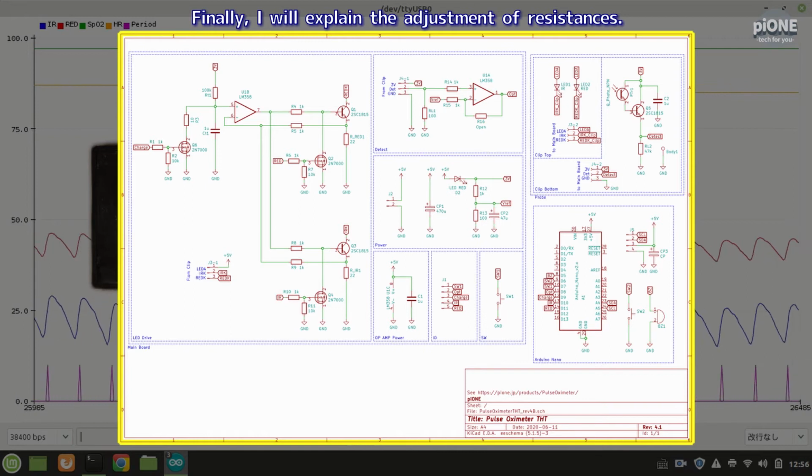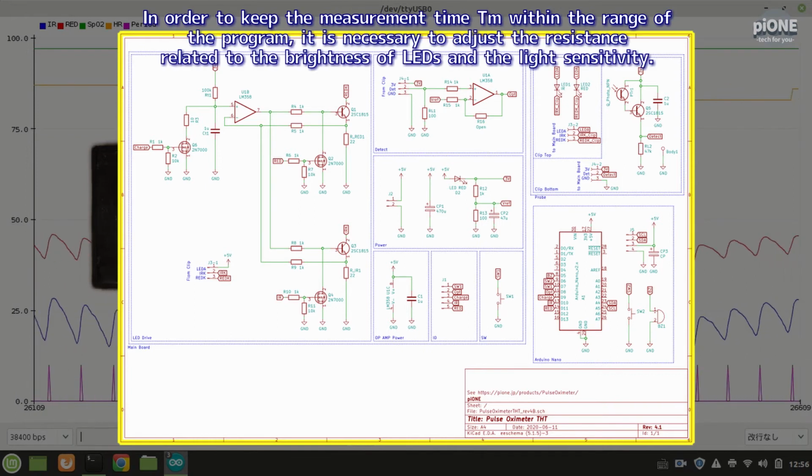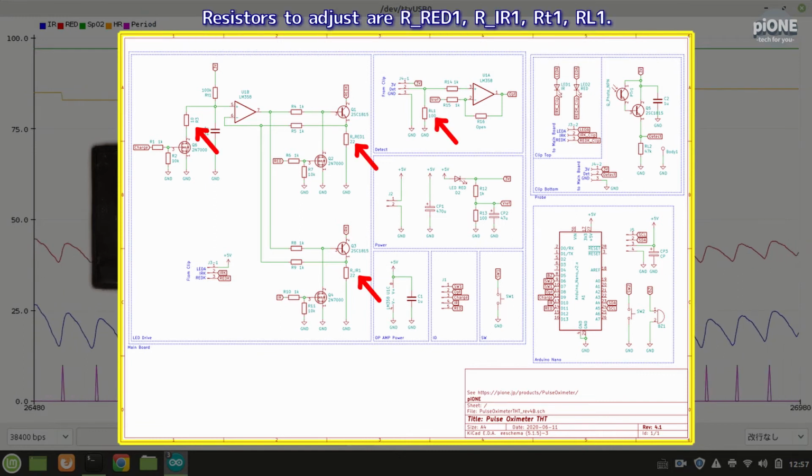Finally, I will explain the adjustment of resistances. In order to keep the measurement time TM within the range of the program, it is necessary to adjust the resistances related to the brightness of LEDs and the light sensitivity. Resistors to adjust are RED1, RIR1, RD1, RL1.